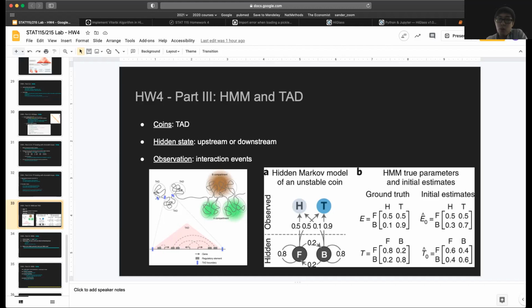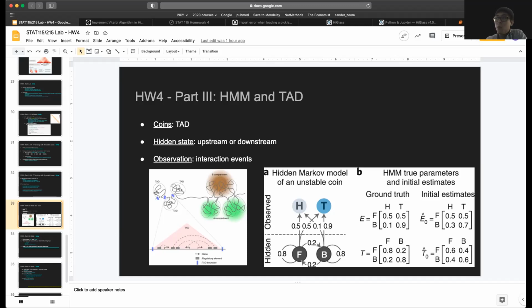Now, the question the Markov model is trying to solve is this: imagine we don't have a very stable coin, as in the coin is either fair or unfair, and this fairness also becomes a random event. Imagine the coin has a 50% probability to be fair and 50% to be unfair.